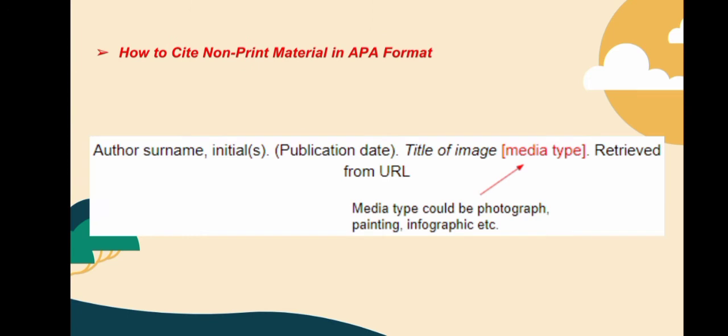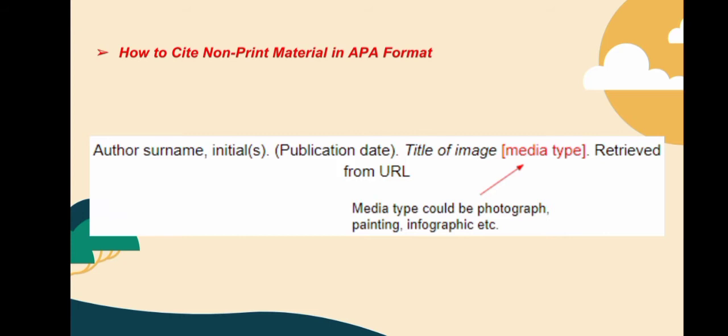Well, now how to cite non-print material in APA format. In this case, we are going to see how to cite an image in APA format. The structure is going to be very similar to the previous one, just with a different variation, which is the media type.